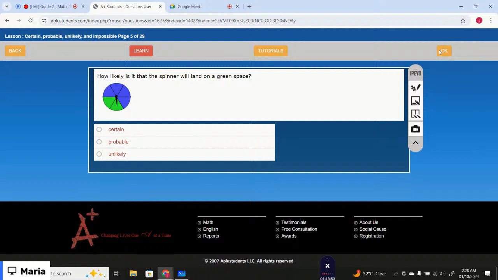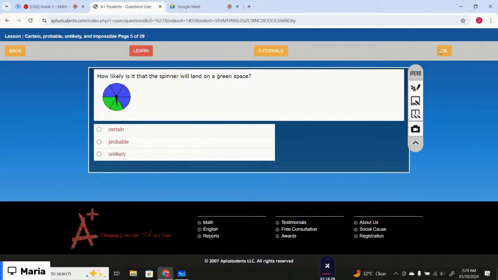How likely is that the spinner will land on green space? So which is the correct option? The correct option is unlikely, right?